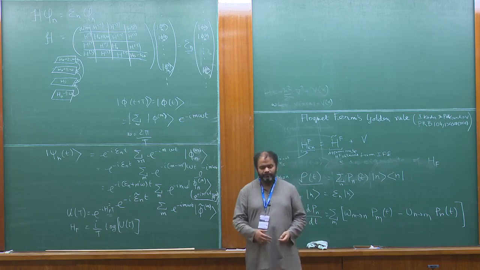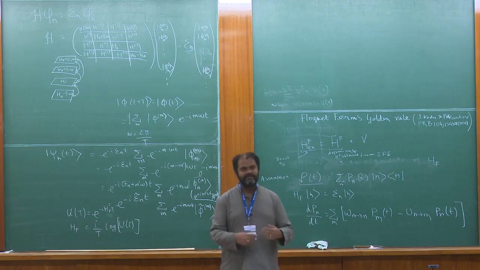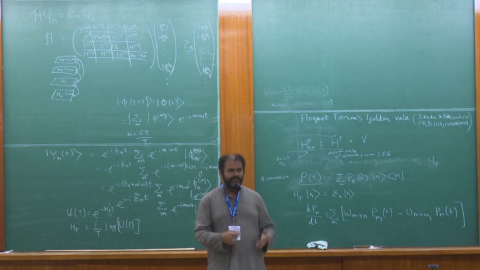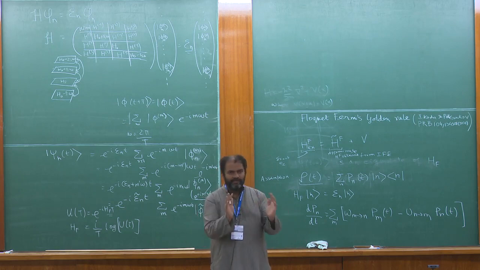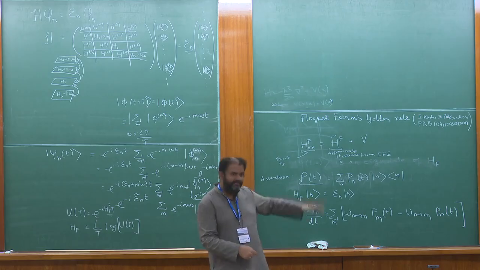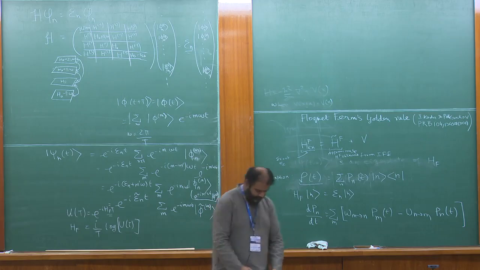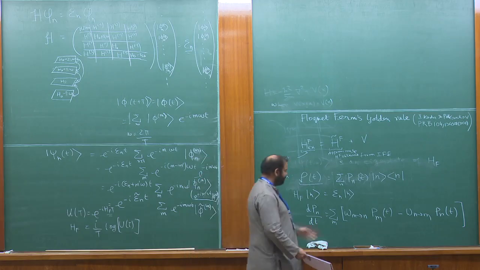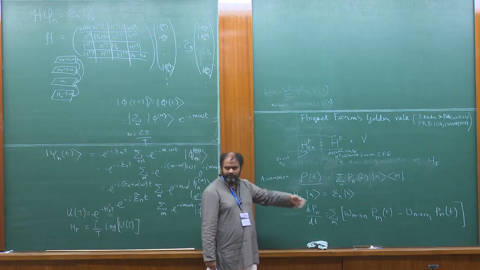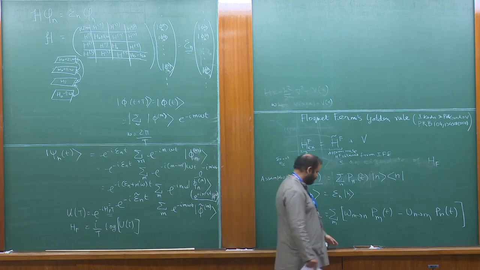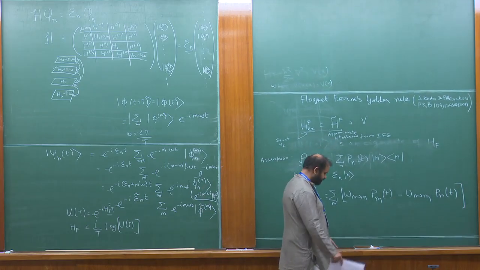So even if you have a system which is very strongly driven, if you have a way to get an approximate HF, and you have some additional part left, then you can do Fermi's golden rule in this manner. This is the standard rate equation that we do in any time-dependent perturbation theory.